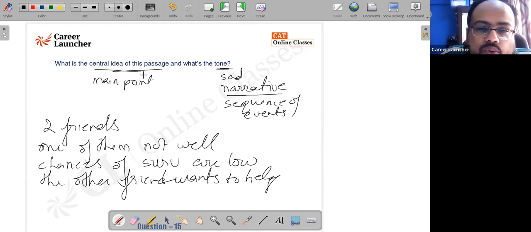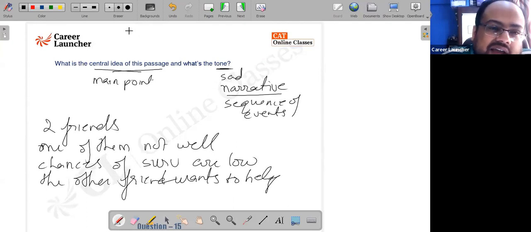That is what the central idea should fit in. So to the extent that you can fit it in one or two sentences, mention the main points, but nothing beyond that, no details. In central idea, we don't mention details. Tone is sad, the tone is narrative. The tone is sad or narrative.